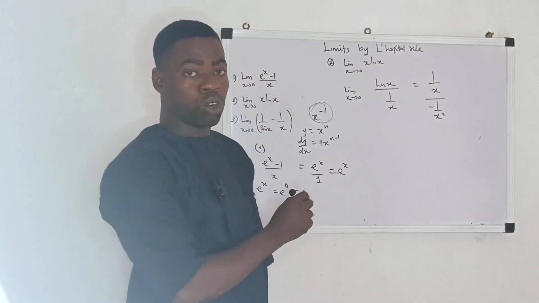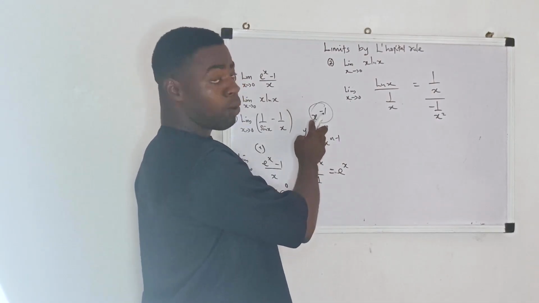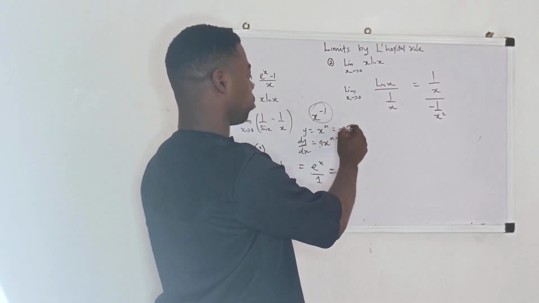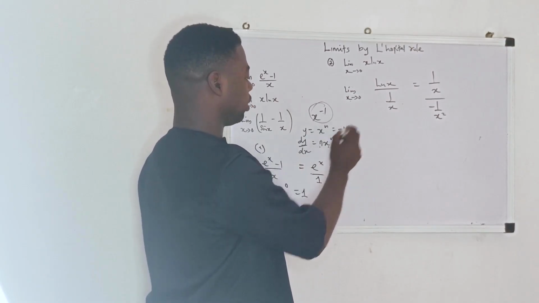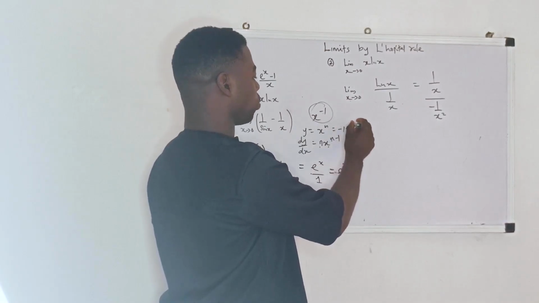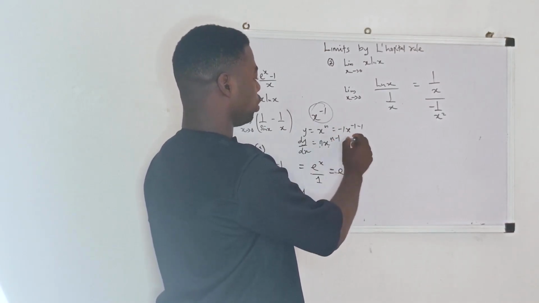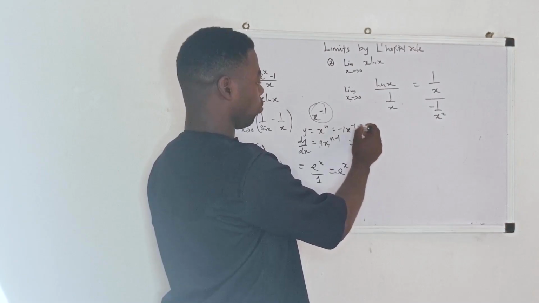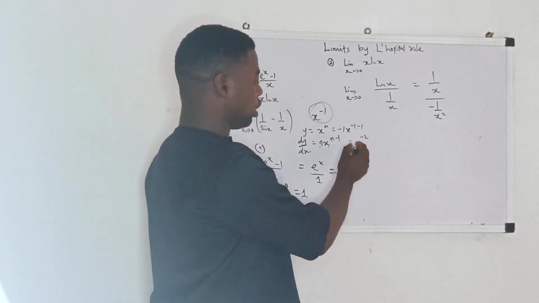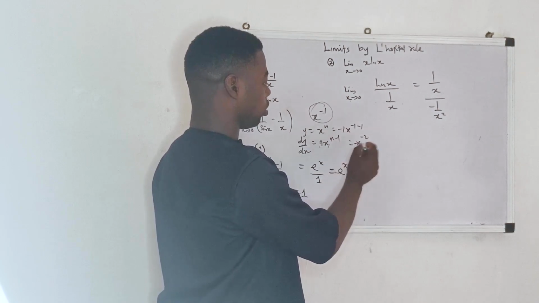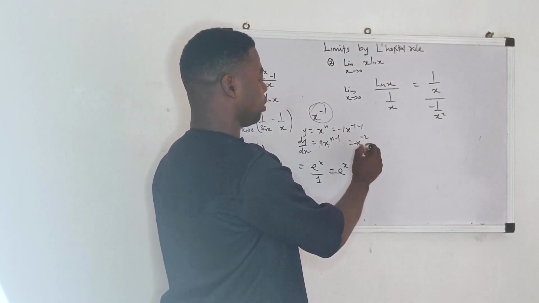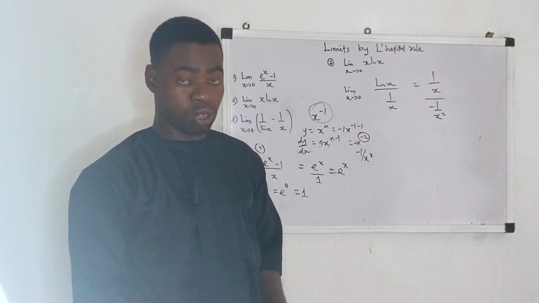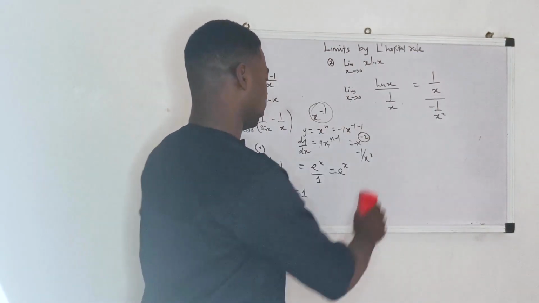Judging by what we have here, our n is -1. So this will be equal to -1 times x to the power of -1 minus 1, which is x to the power of -2. And then you have the minus sign, which gives you -1 divided by x squared by bringing the power down, right? Okay, so that's how we got that.